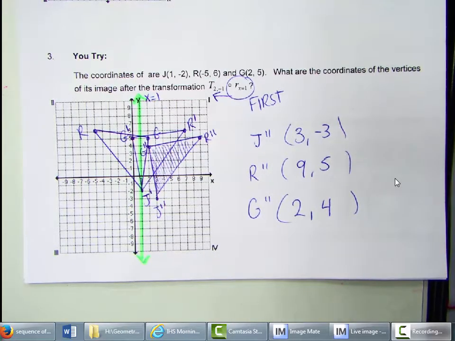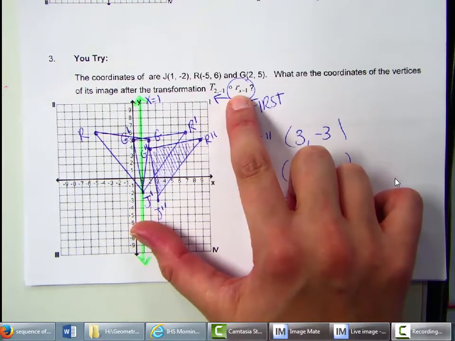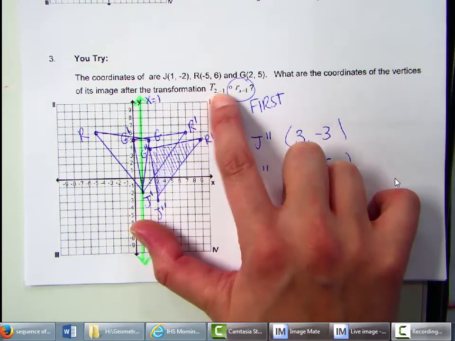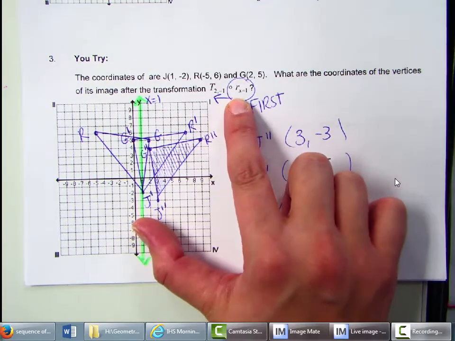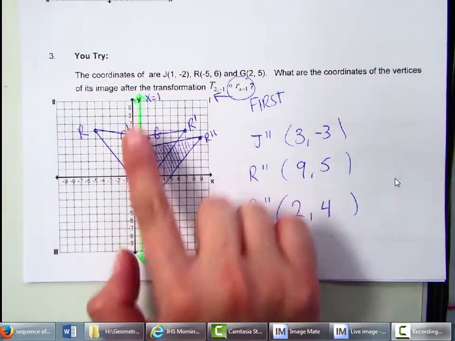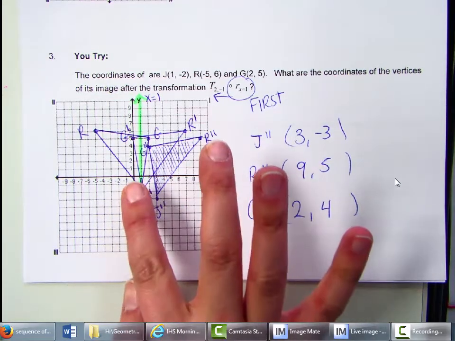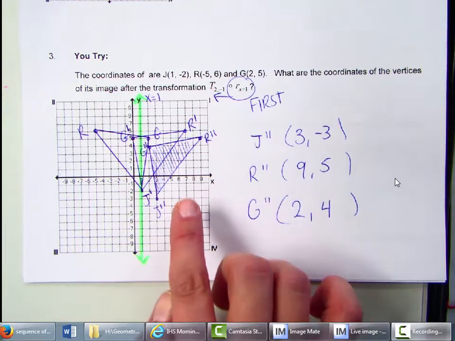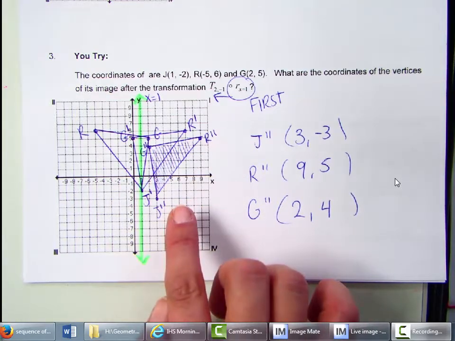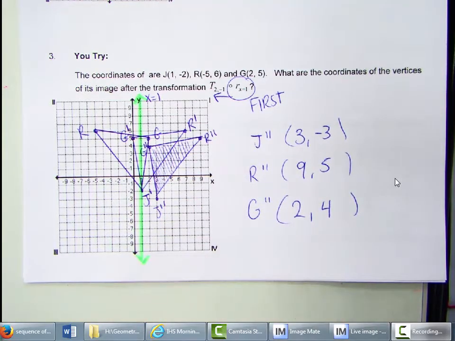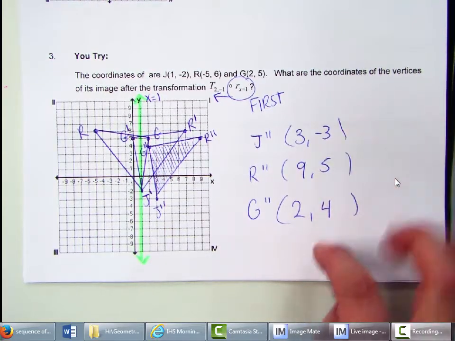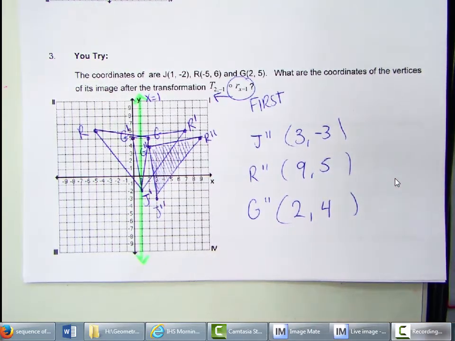Alright, you should have paused and tried number 3 on your own. This was a composition that said translate after you reflect. So you should have reflected over x equals 1 first. And then off of your image, you translate that over to the right and down 1. This is your final image coordinates, double prime.